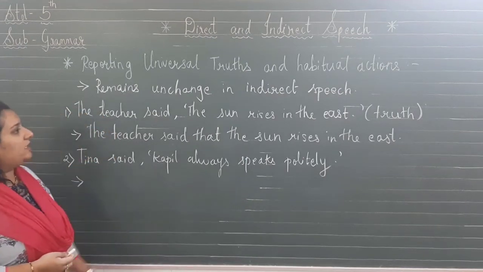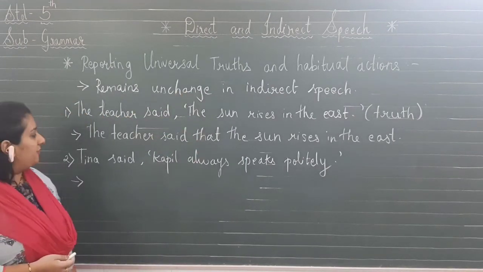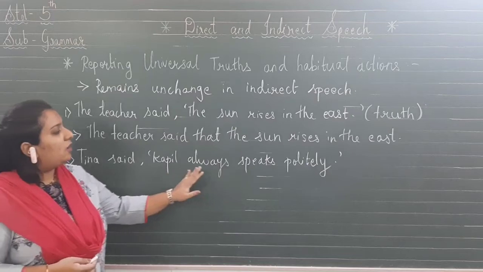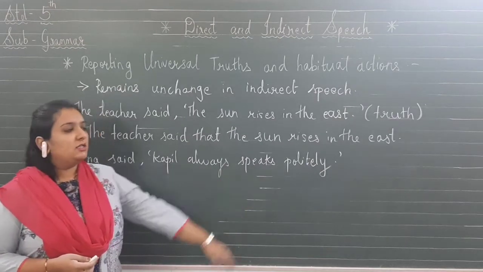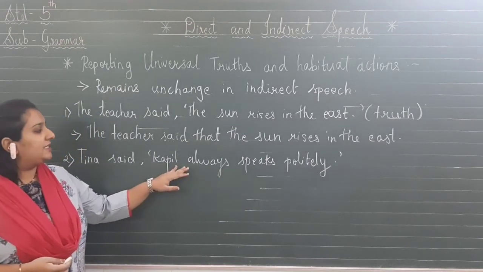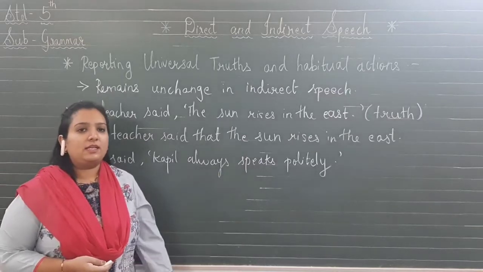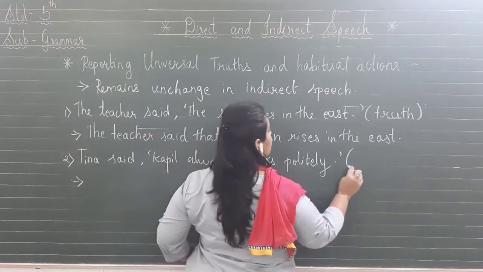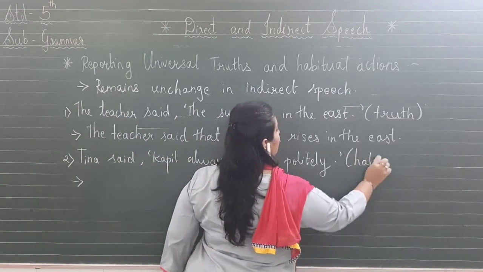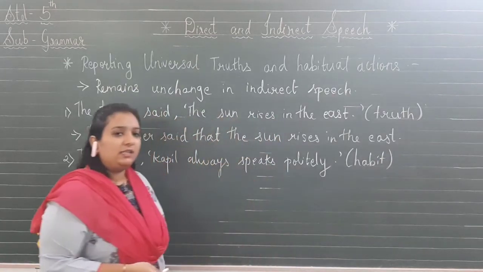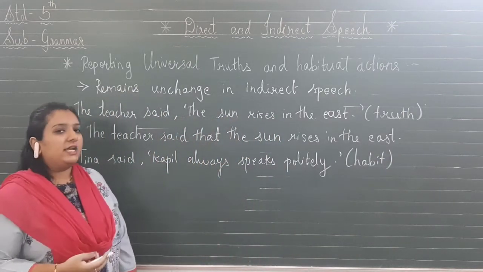The same goes with habits of people. Tina said, "Couple always speaks politely." So what is the habit of the couple? That they always speak politely. So here we need to know that this is the habit of the couple, so again there will be no change in the indirect speech.